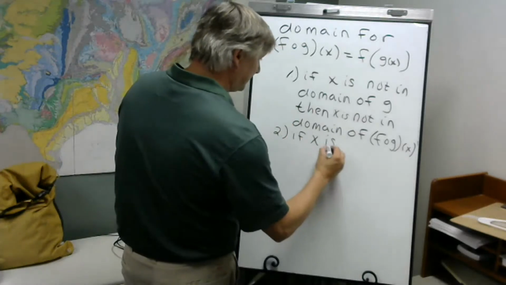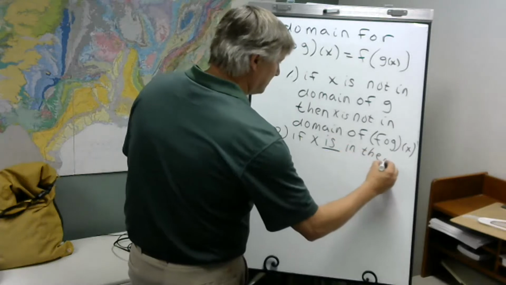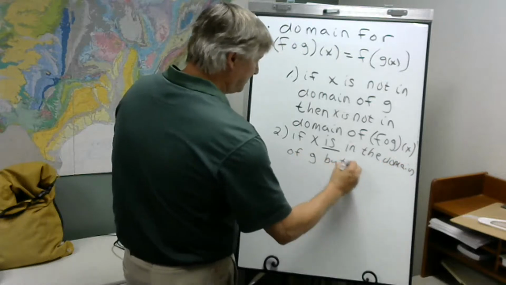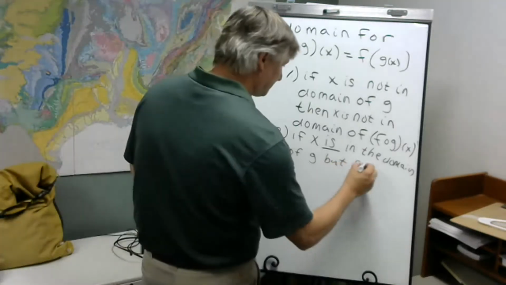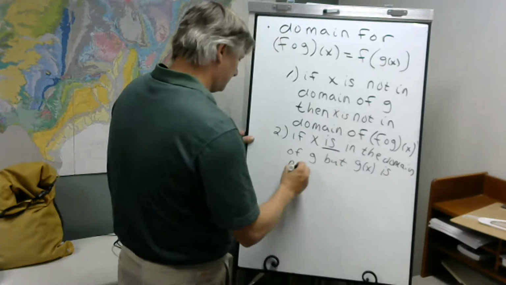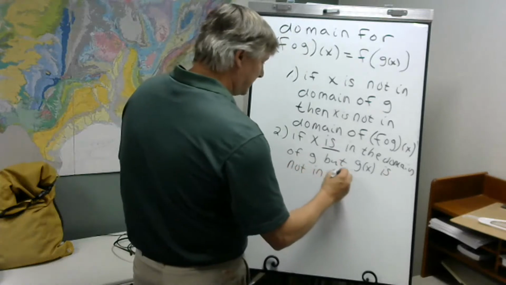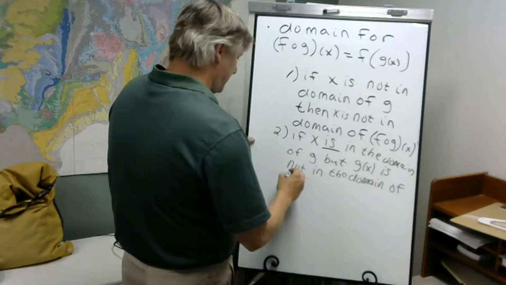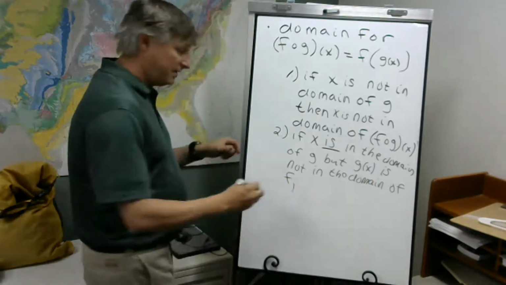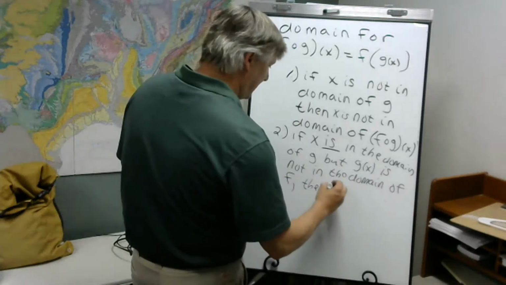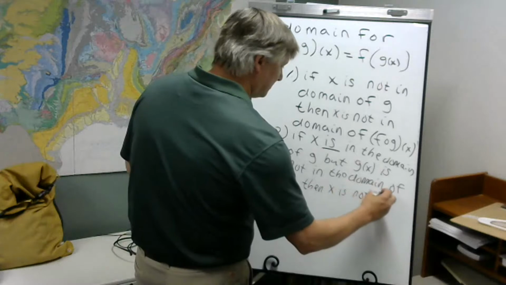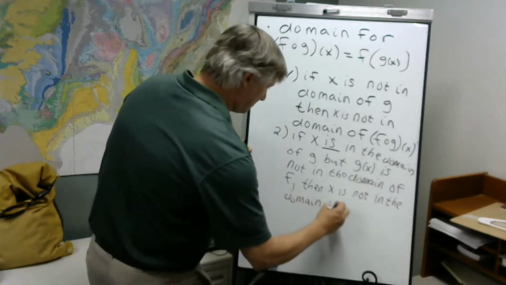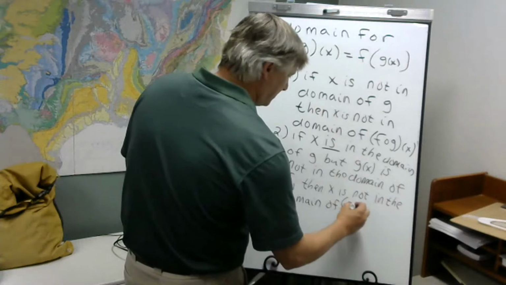If x is in the domain of g, but g of x is not in the domain of f, then x is not in the domain of f composition g.